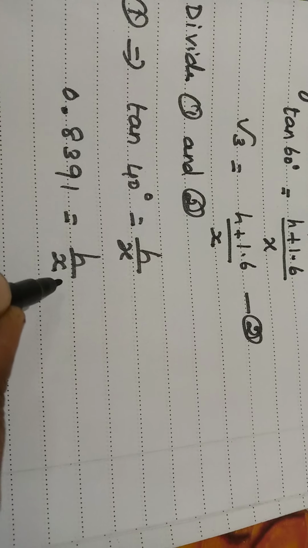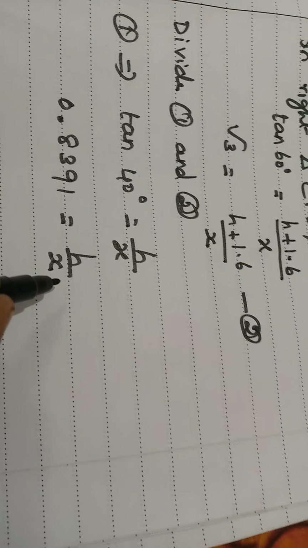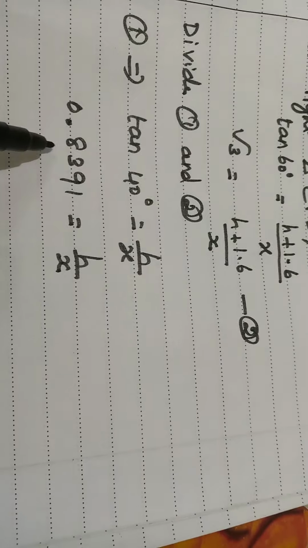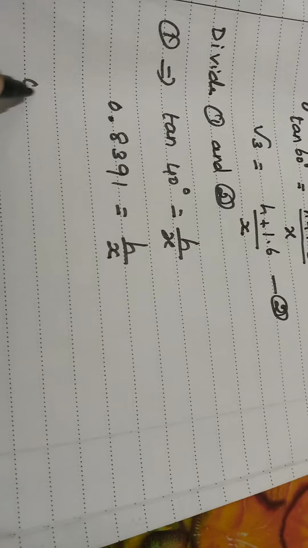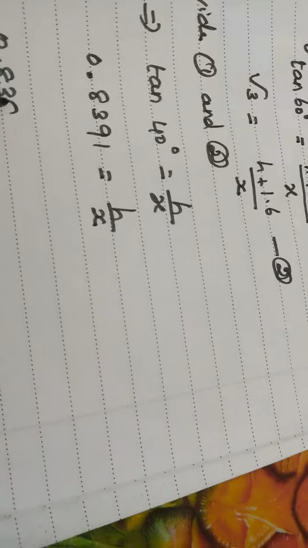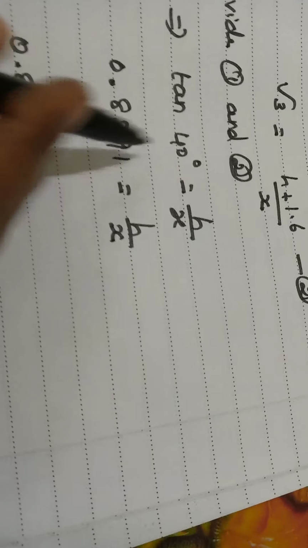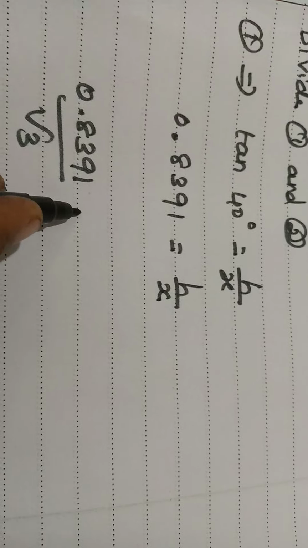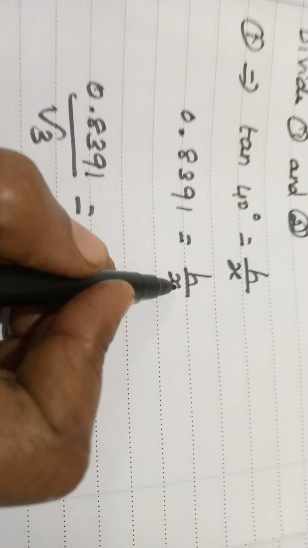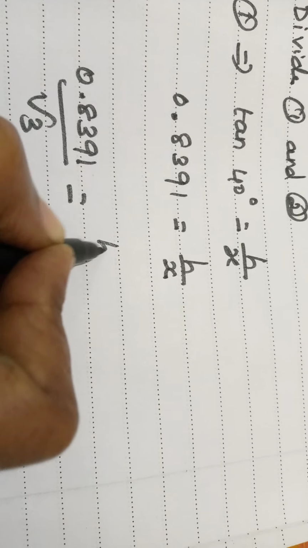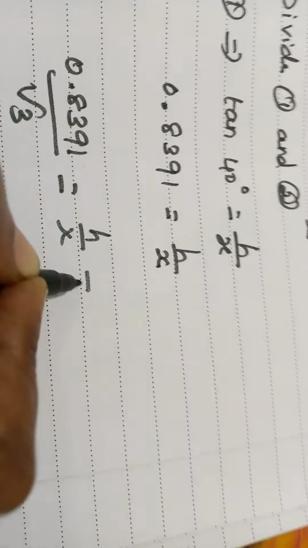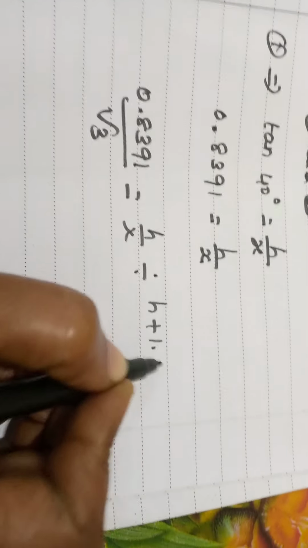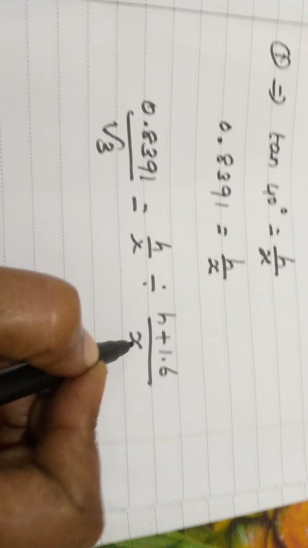This one we have to divide by equation number 2. So here LHS 0.8391 and LHS of equation 2 is root 3 is equal to RHS of equation 1 is heights by x divided by equation 2 is heights plus 1.6 by x.